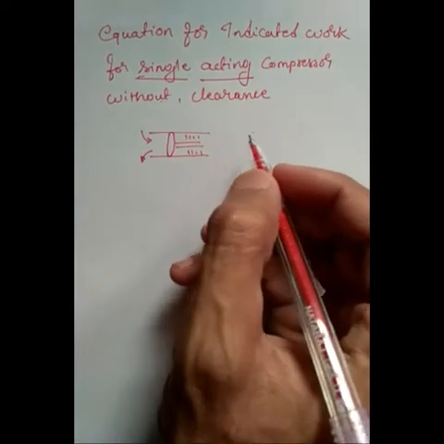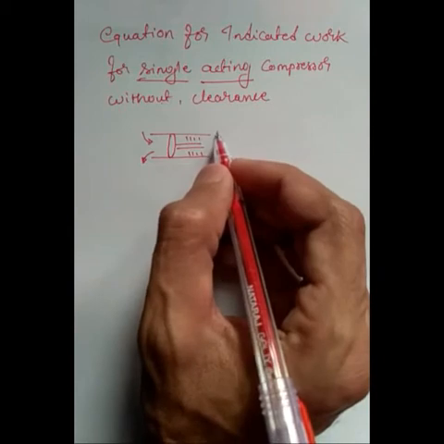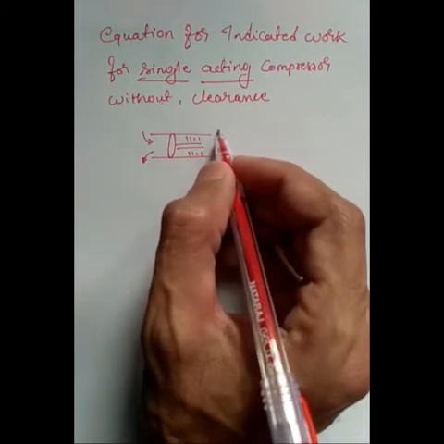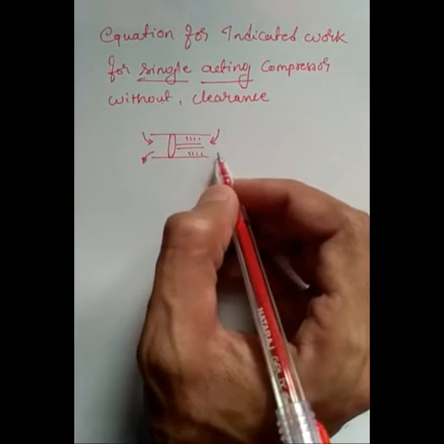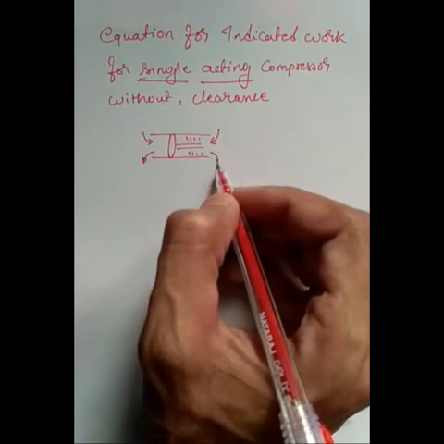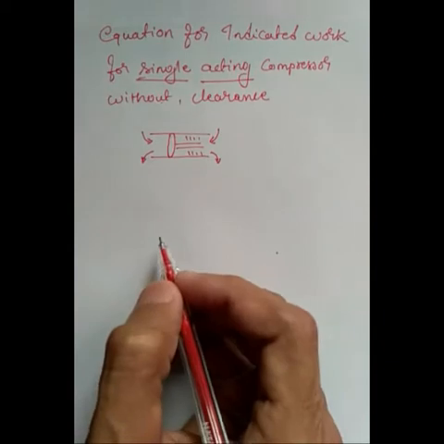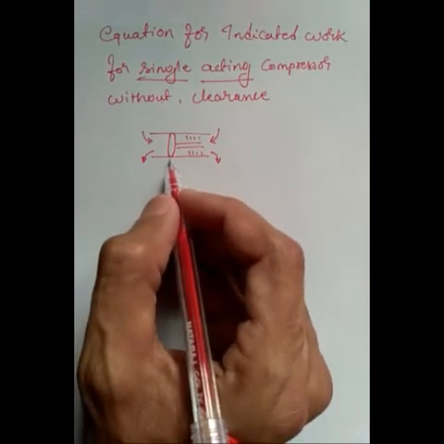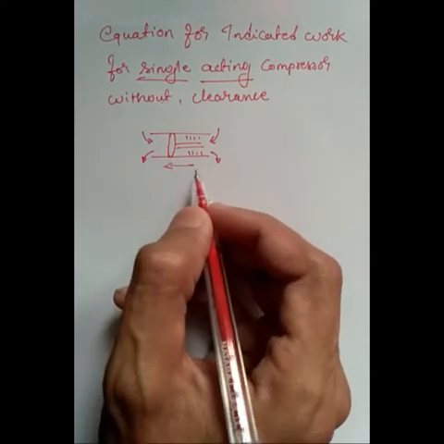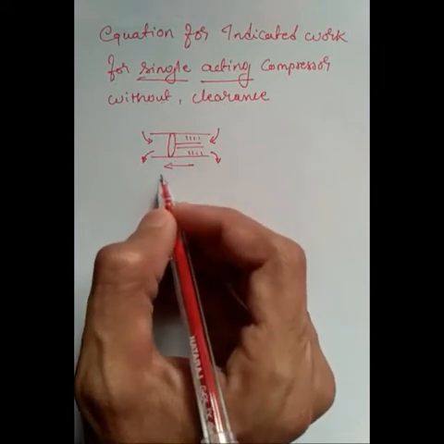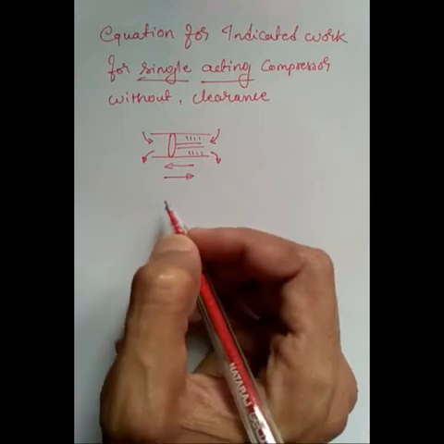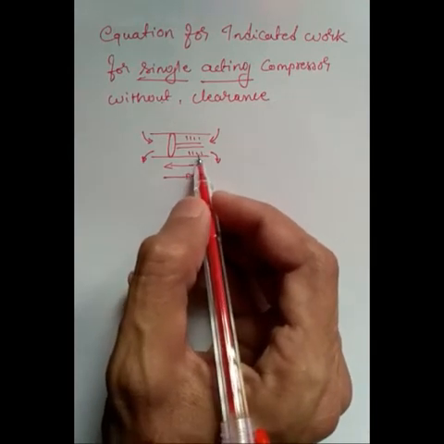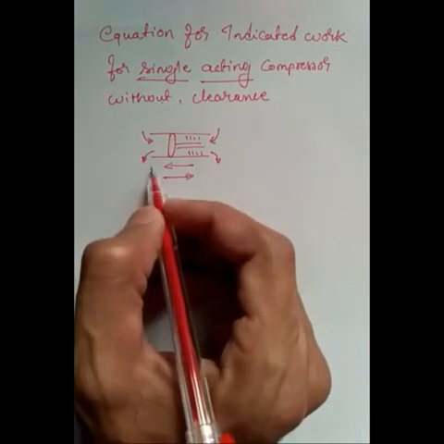In a double acting cylinder, there are valves on both sides that also execute the suction and compression work when the piston moves from right to left and when it moves from left to right.